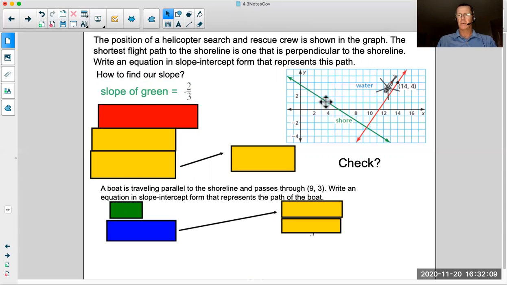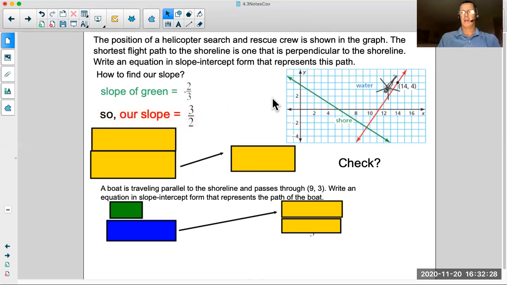I go down 2 and over 3 to get to the next intersection of crosshairs, right? Down 2 over 3, down 2 over 3. So what's our slope going to be for our line, the red line? Hopefully you said the opposite reciprocal of -2/3, which is 3/2. Yay. And don't we have a point for our line? We do. So we would plug in to point slope.